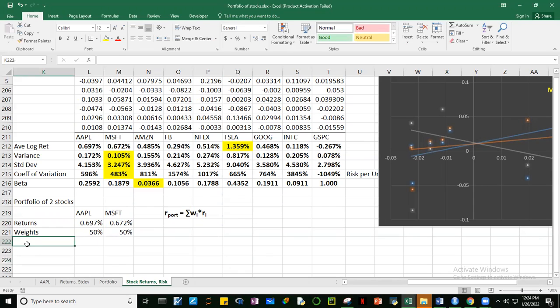Okay, so very easily we can compute for the weighted returns, which is just multiplying yung returns niya multiplied by the weight. Ito, the weight times the return. Yun, okay?